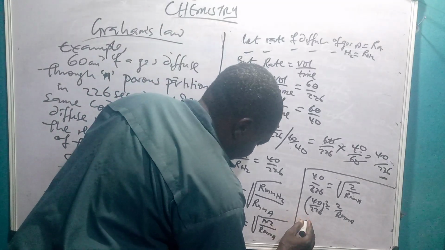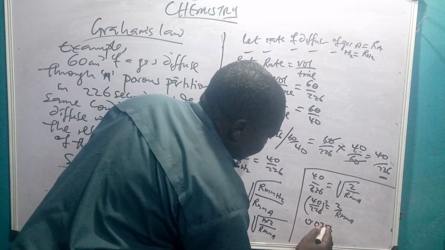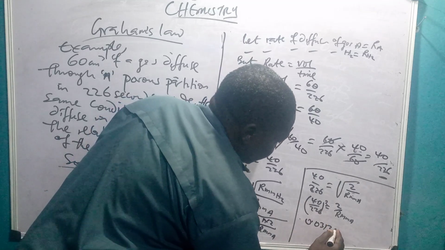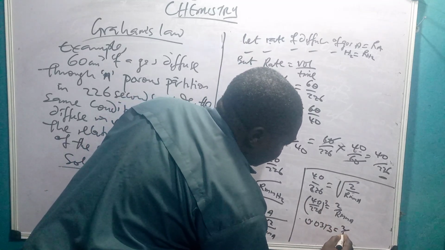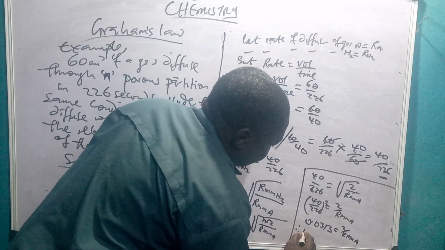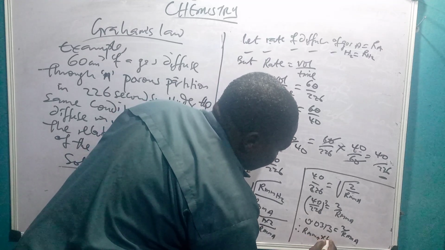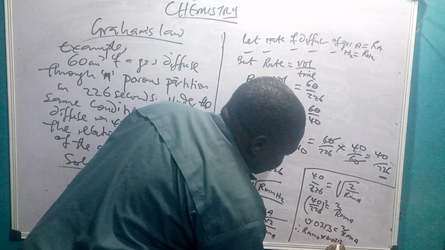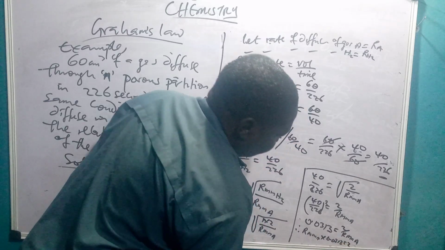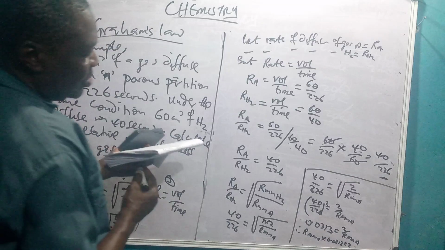So 0.0313 equals 2 over relative molecular mass of A. Therefore, relative molecular mass of A times 0.0313 equals 2.